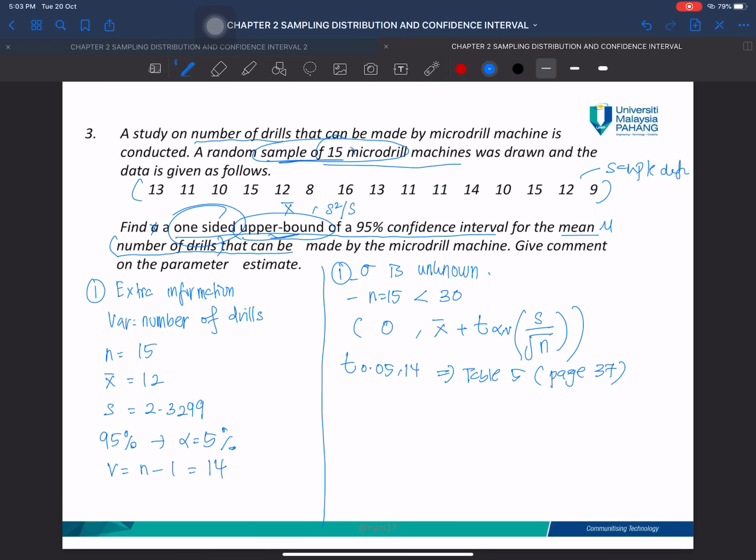If you use the old statistical table, maybe 36 or 38. If you refer to your statistical table now, you have a column for the nu, the first column, it is nu. I will write here.